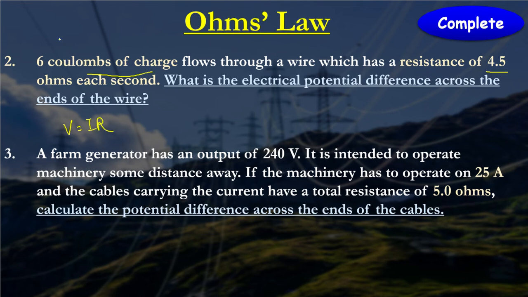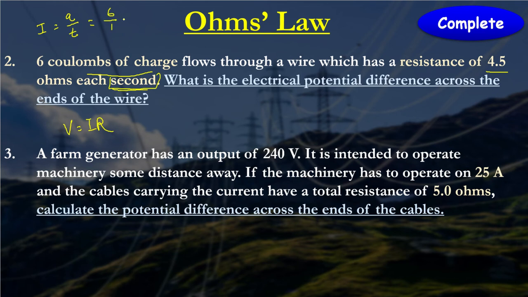We know that in terms of current, it's charge divided by time. We also know what the resistance is. Alright, it's per second. So what we can do is a little cheat code, although it hasn't actually explicitly told us the time taken for this charge to move. We're assuming that it is 1 second because that's what the question tells us.